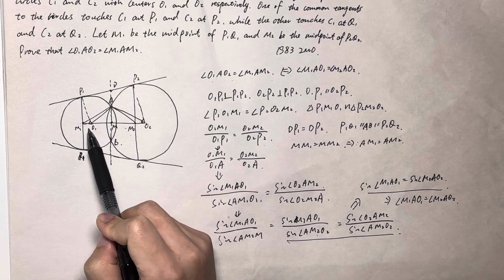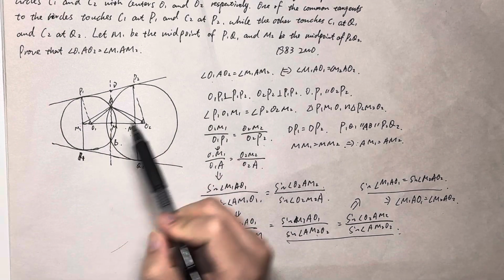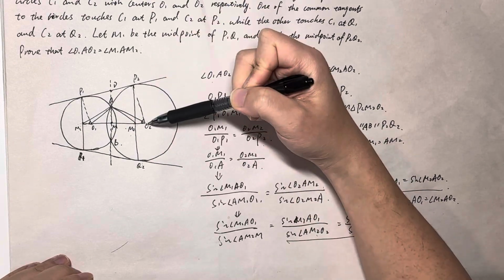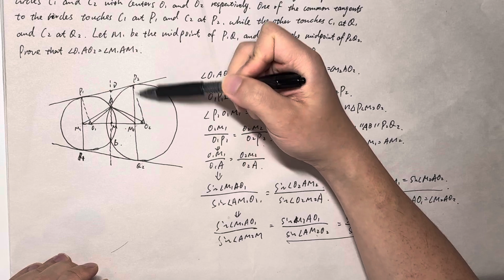What we know is the ratio of O1M1 to the radius R1 equals O2M2 to the radius R2.